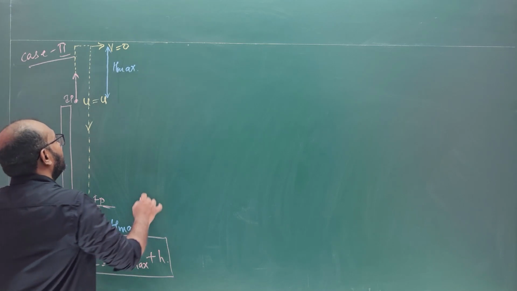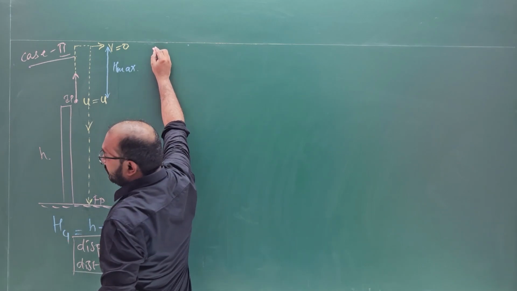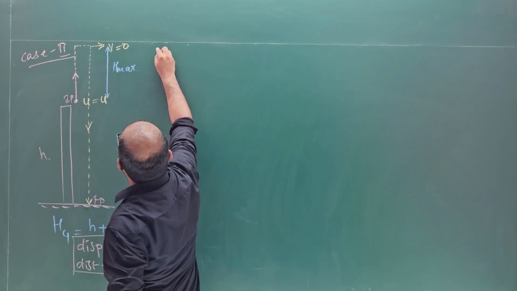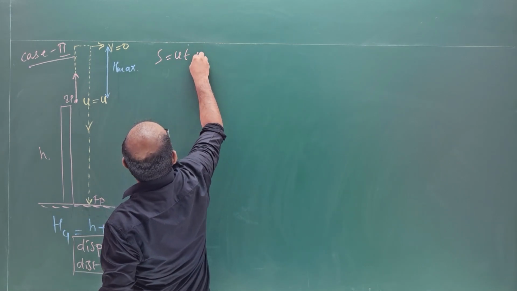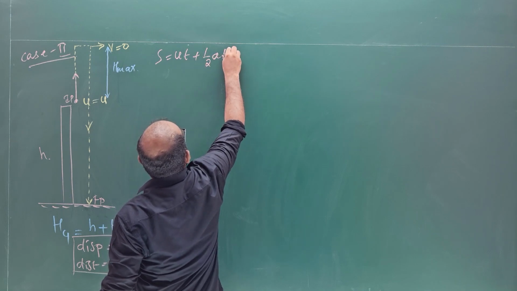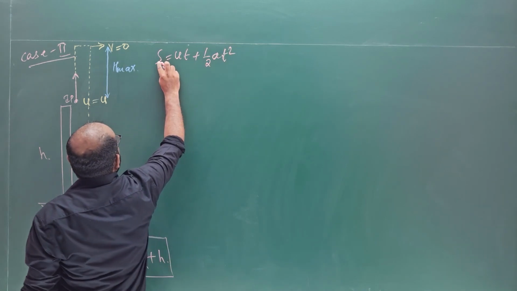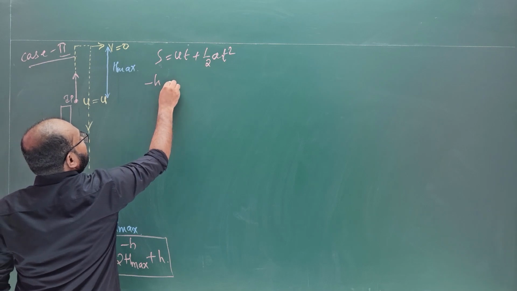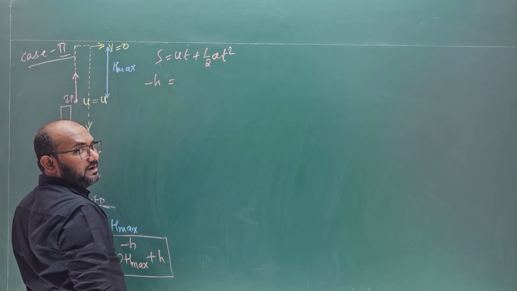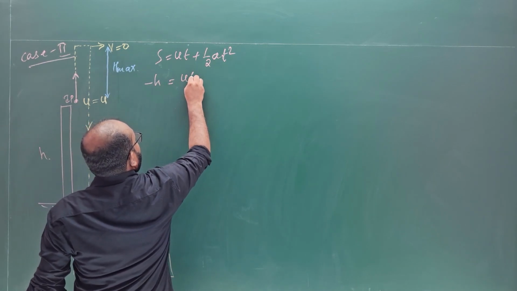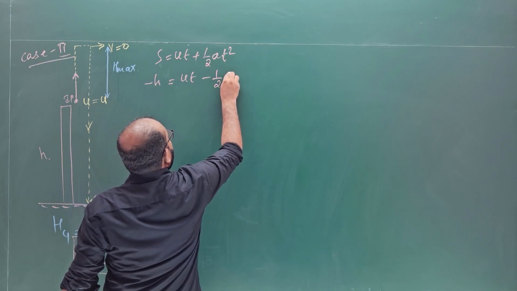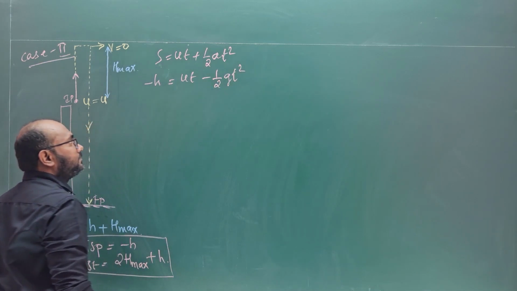Now, to calculate time, using s is equal to ut plus half at square. If I substitute, s is what? Minus h. u, positive or negative? Positive. ut minus half gt square.